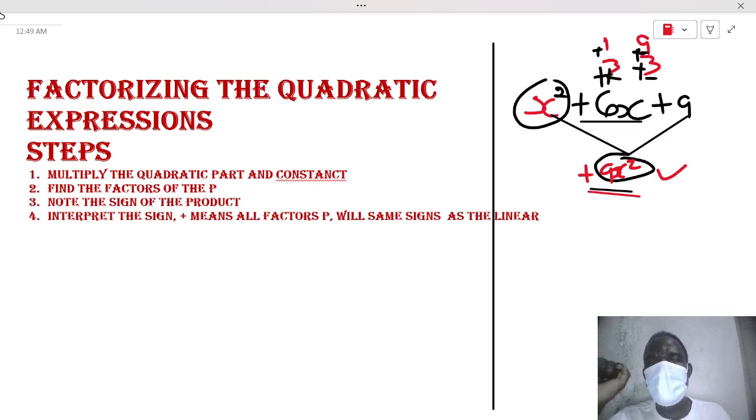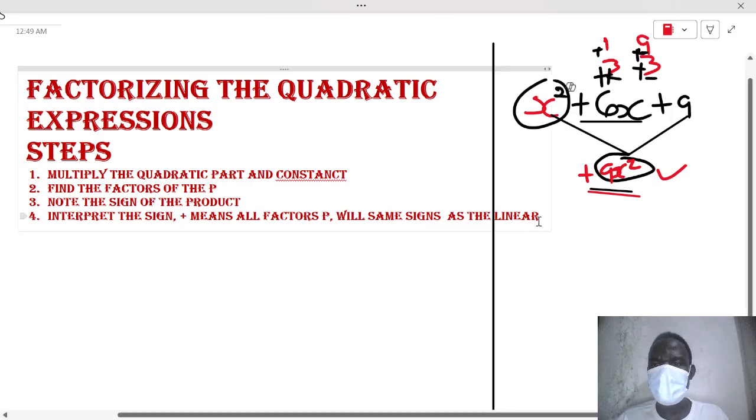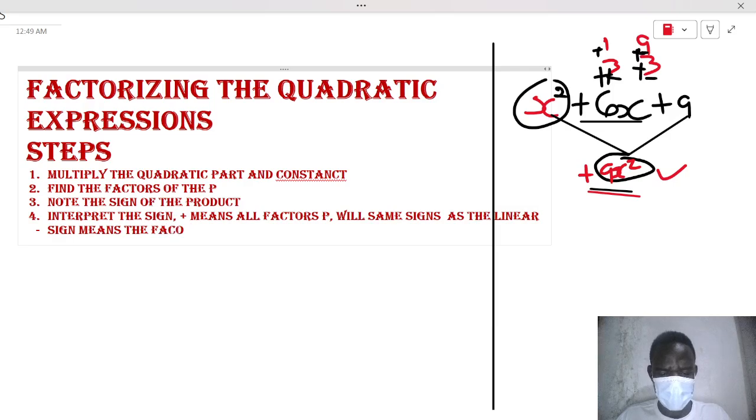If the sign is negative, the factors will have different signs.